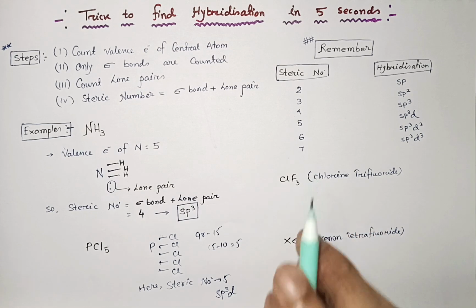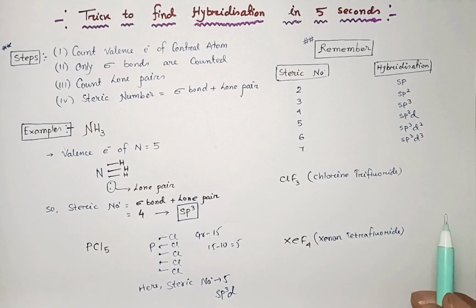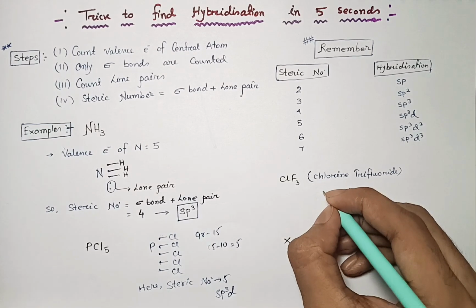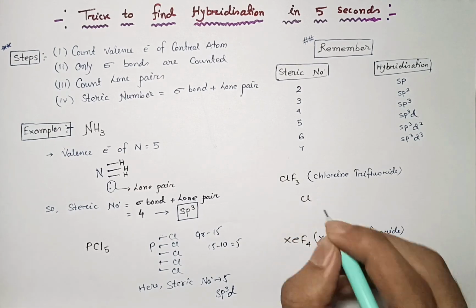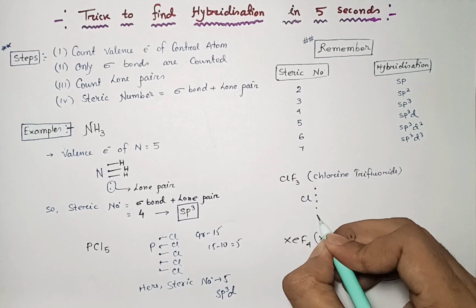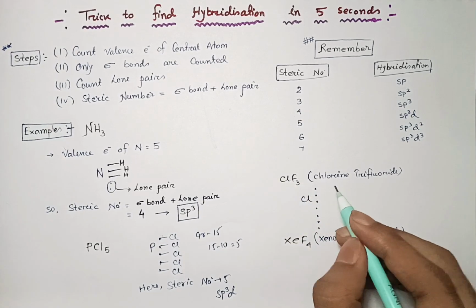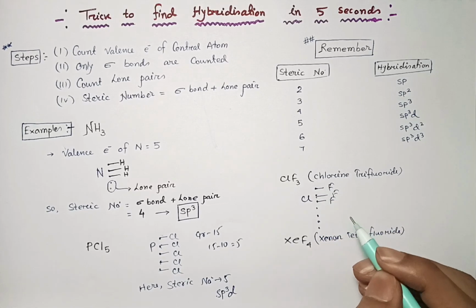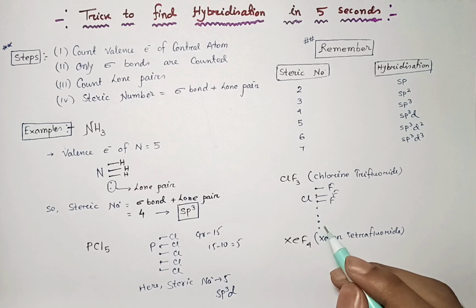So let's see the next one, which is a bit complex, that is chlorine trifluoride. This one is very important. We know that chlorine belongs to group 17 of the periodic table. So chlorine has 7 valence electrons, 1, 2, 3, 4, 5, 6, 7. And there are 3 fluorine atoms. So 3 valence electrons are used up, and there are 4 valence electrons remaining.